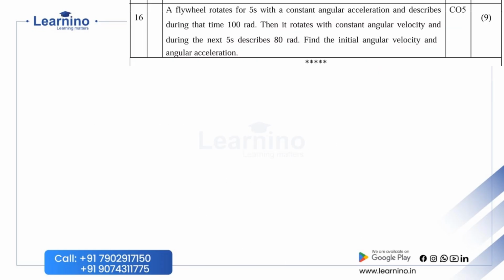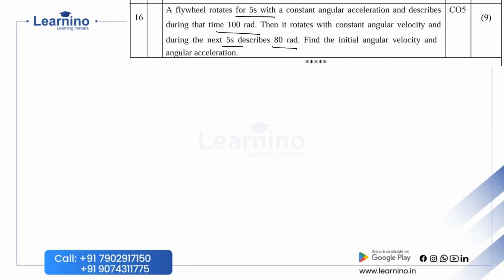Next question. A flywheel rotates for 5 seconds with a constant angular acceleration and describes during that time 100 radian. Then it rotates with a constant angular velocity during the next 5 seconds and describes 80 radians. Find the initial angular velocity and angular acceleration.